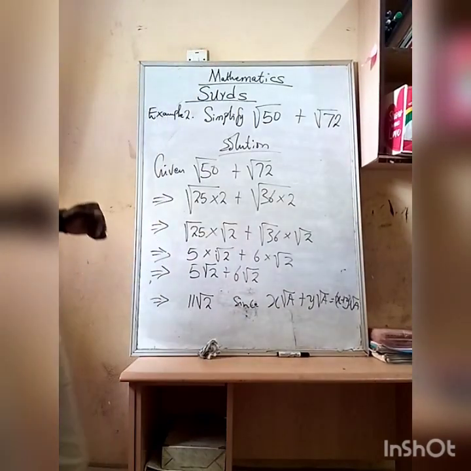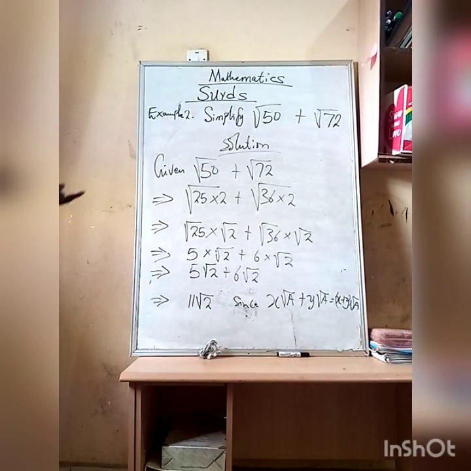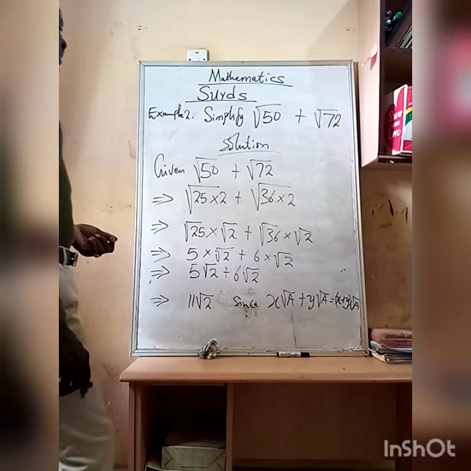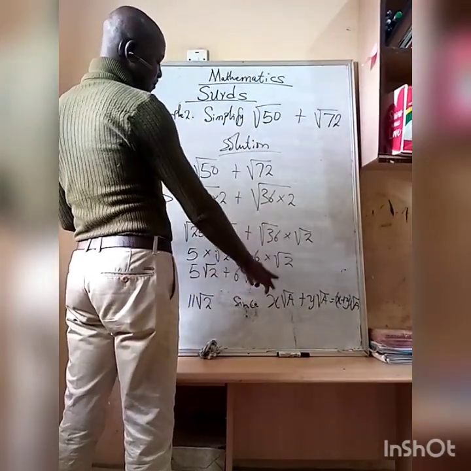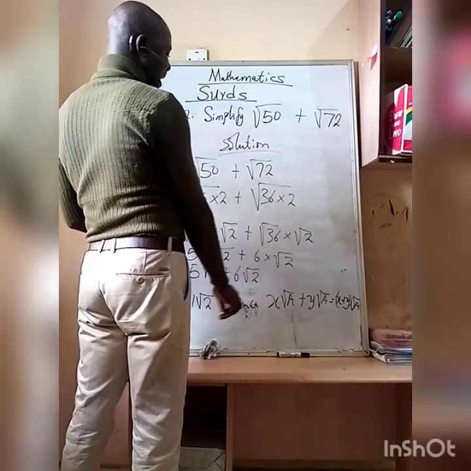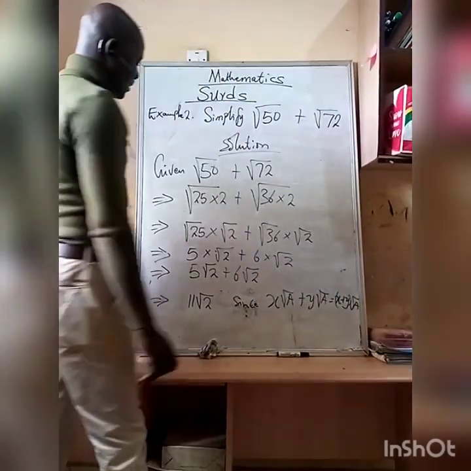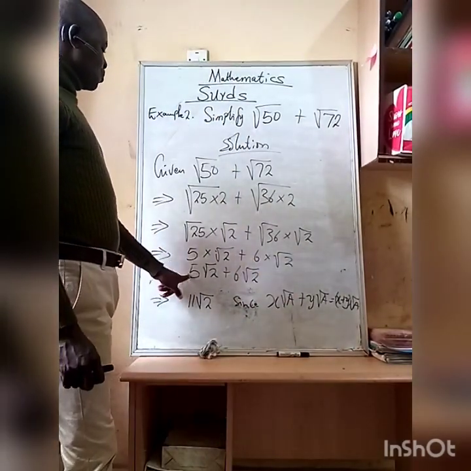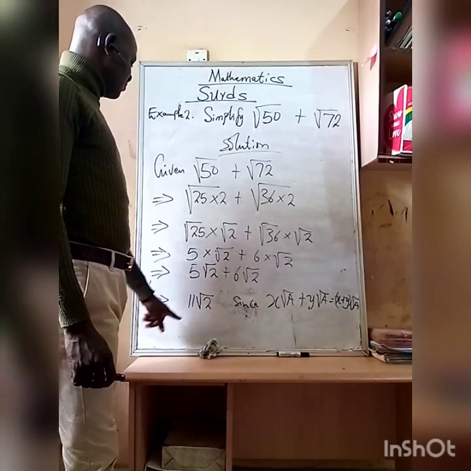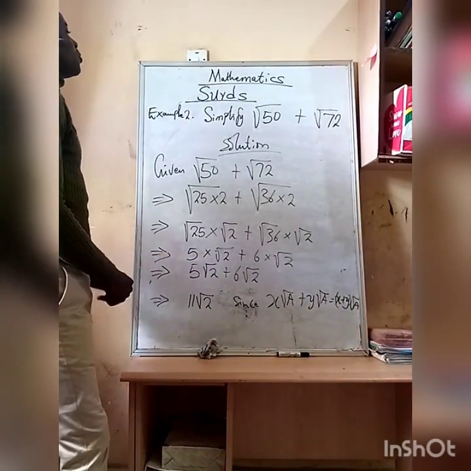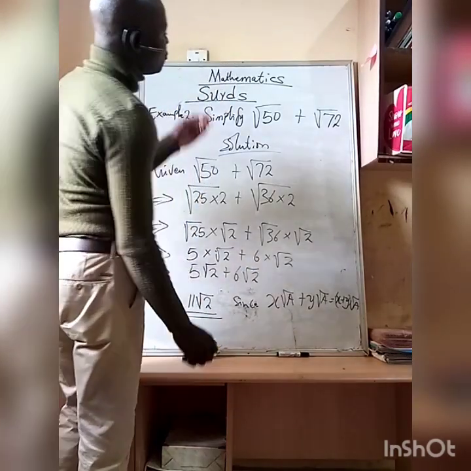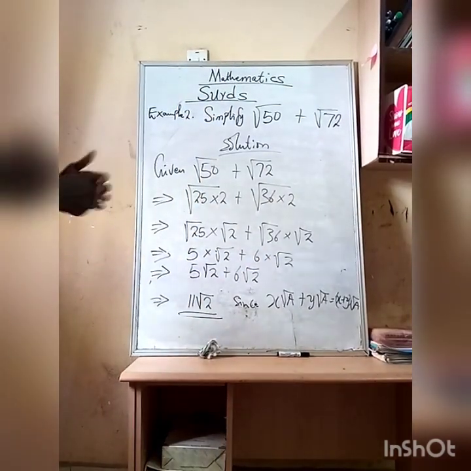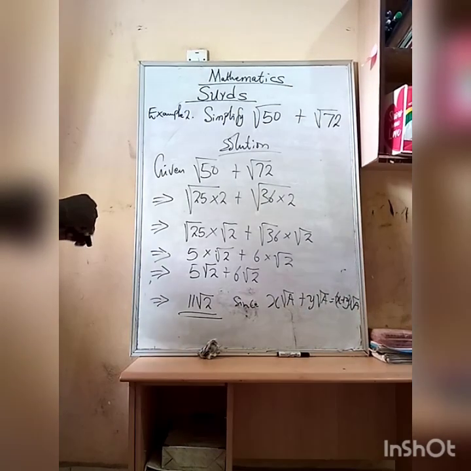Then we have to make reference back to the addition law. When we have two surds with different coefficients but the same term under the root, we simply add the coefficients, and that is what we did here. 5 root 2 plus 6 root 2 will now leave us with 11 root 2. So that is the simplified version of root 50 plus root 72.